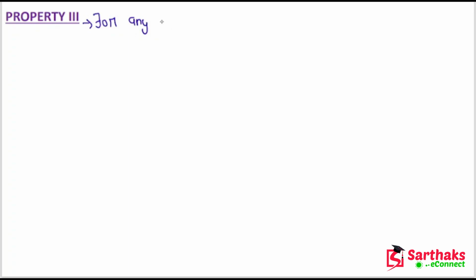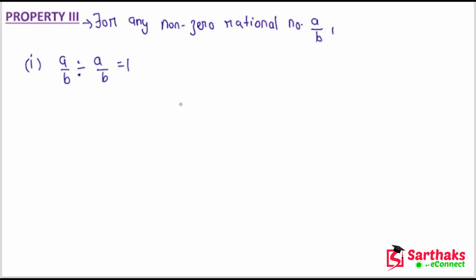For any non-zero rational number a upon b, first, a upon b divided by a upon b is equal to 1. Right? How? I'll verify it.